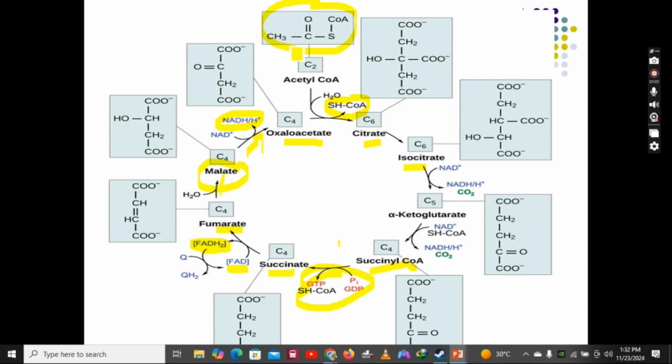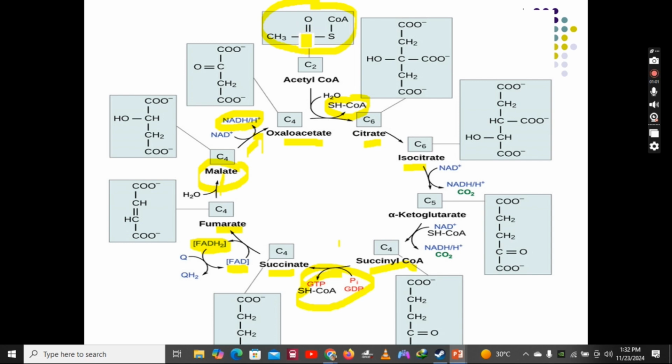The pyruvate is a 3-carbon molecule. You remember? Yes. So the pyruvate is going to be decarboxylated. One carbon, the carboxyl group, is removed.